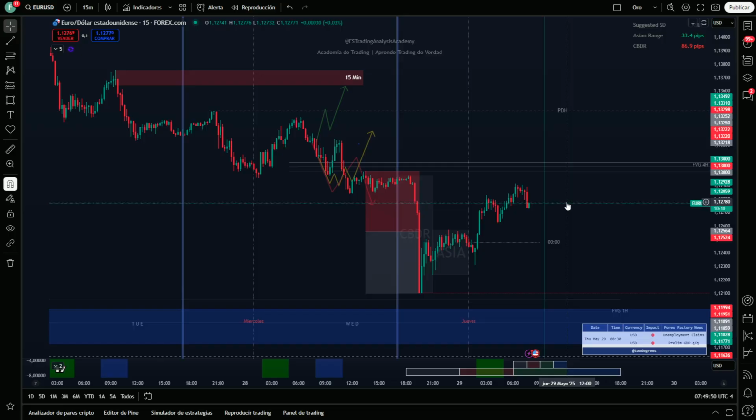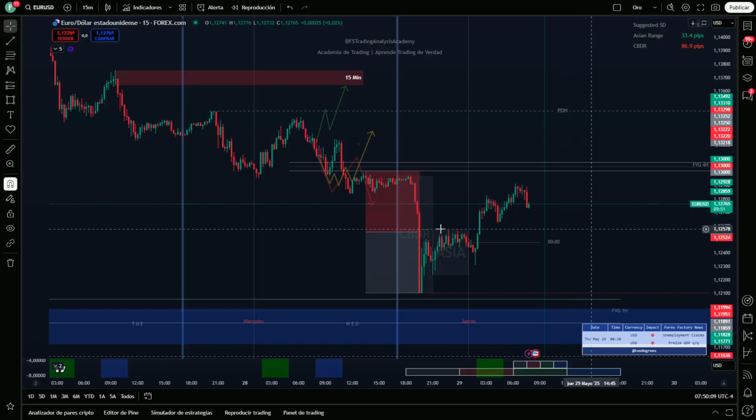Once we start at 9 in the morning, we wait for one of these moves in these directions, based on the projections we provide, and that is where we look for high probability trades in potential bounce zones. Now that we've seen this, let's launch today's projections.